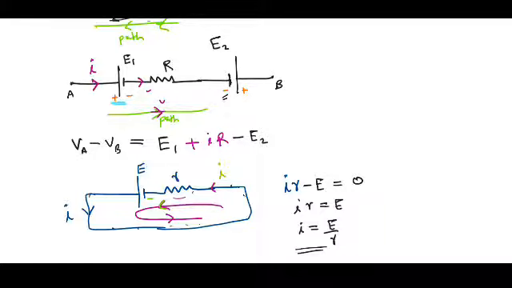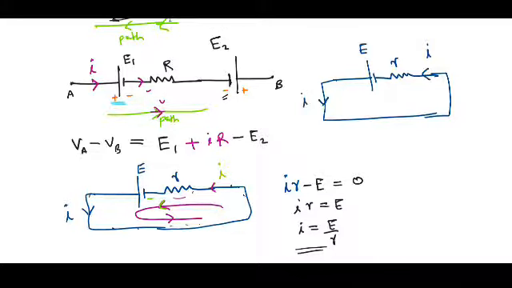That is, the circuit is the same one. Now I consider the path in the opposite direction. We can write the voltage equation now. While going along this path, first I see the positive terminal of the battery.